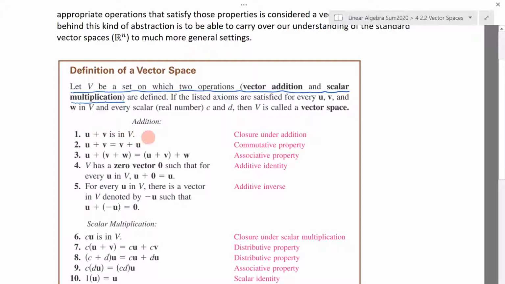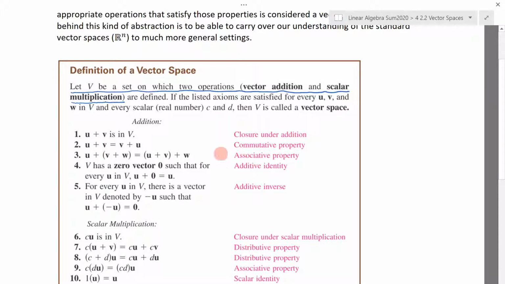The first property is that it's closed under vector addition. So basically the idea is that if you take two vectors in your space and you add them together, the resulting vector should still be in the same space. The commutative property basically says that it doesn't matter which order you add the vectors, it's always the same.